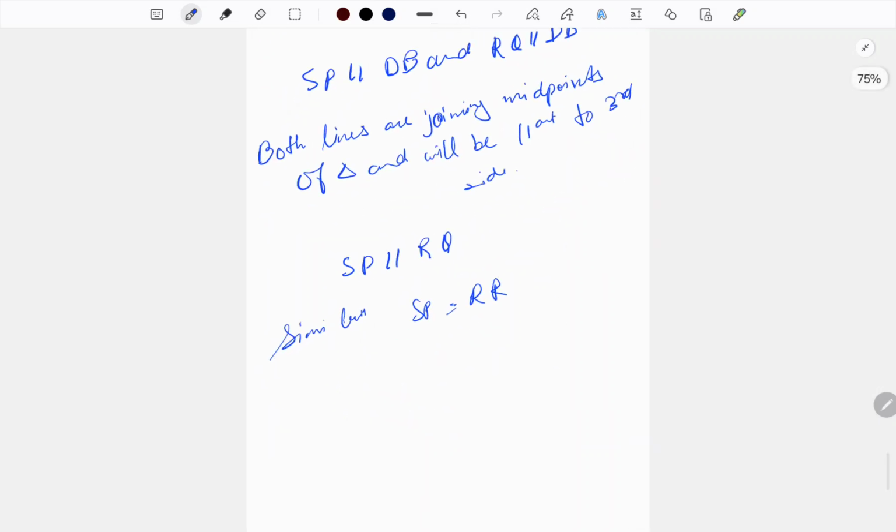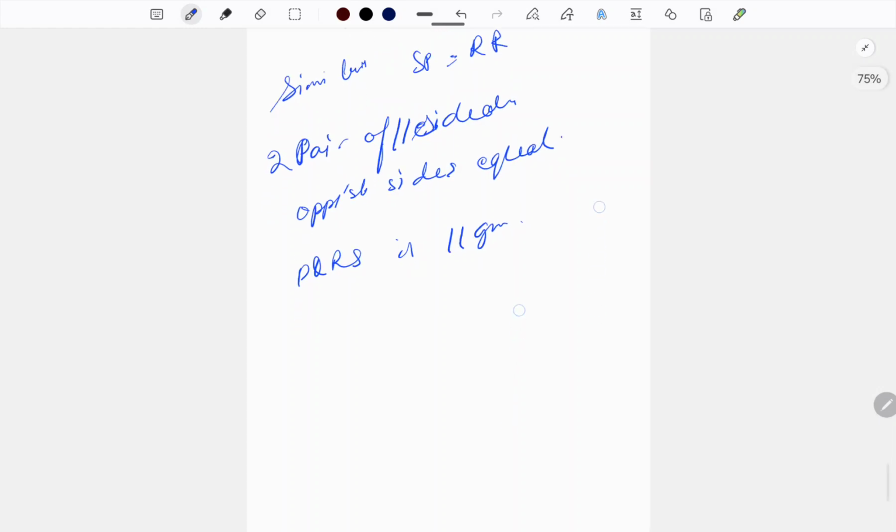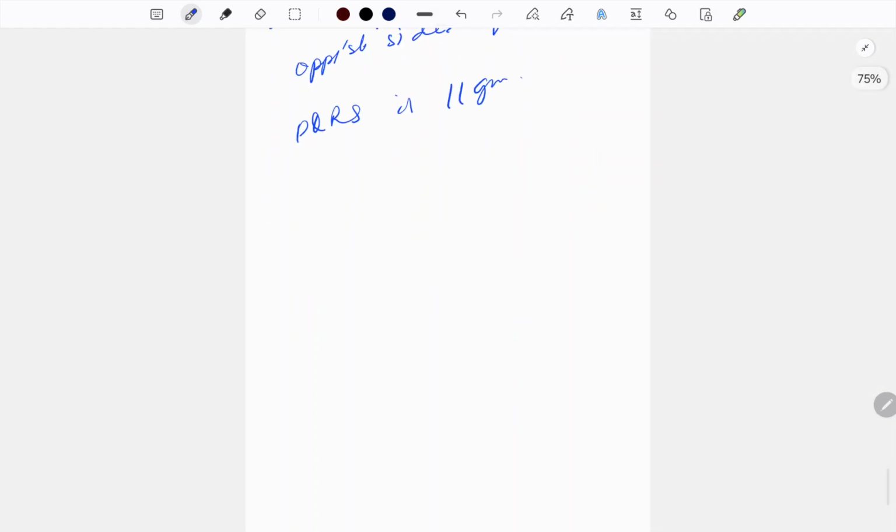So we got two pairs of parallel sides and opposite sides are equal also. Therefore PQRS is a parallelogram.